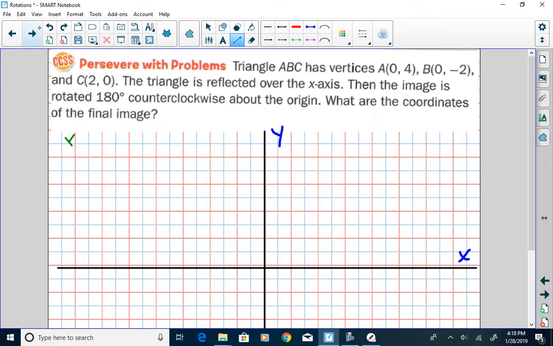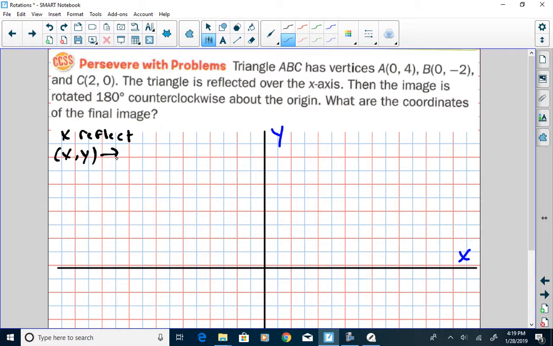So the x-axis reflection, x comma y goes to x, opposite y.